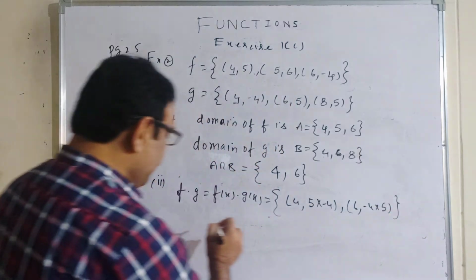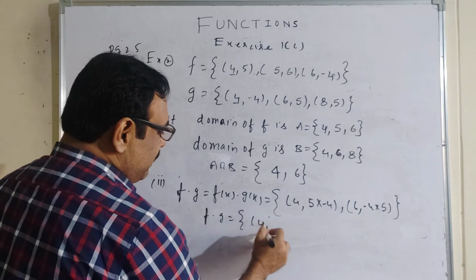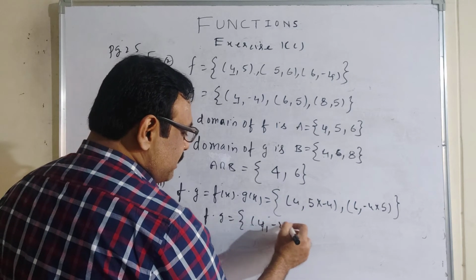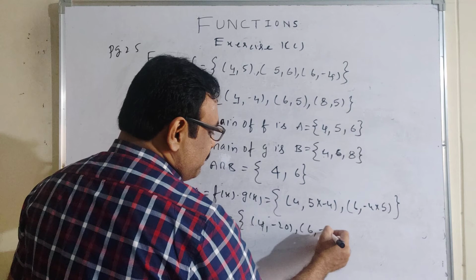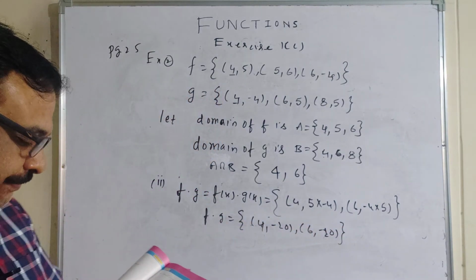So here f into g is equal to as simple as 5 into minus 4, this is minus 20, 6 into this is also minus 20. Hope you understood the problem.